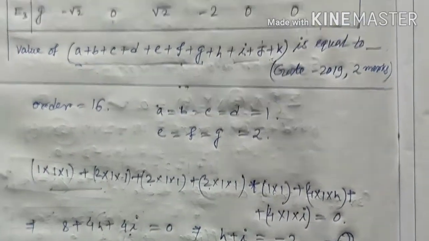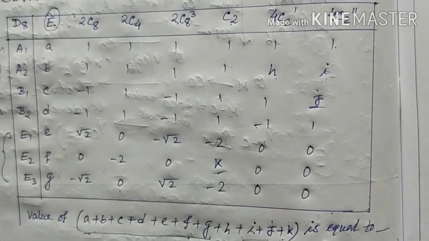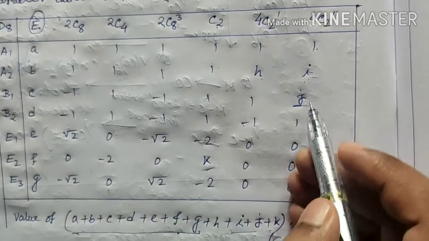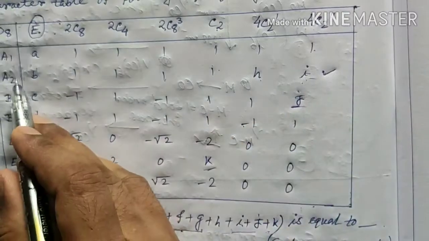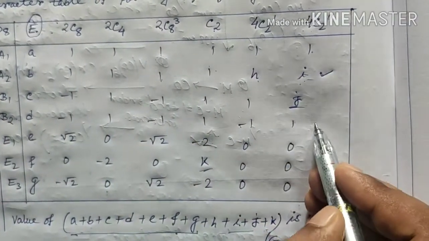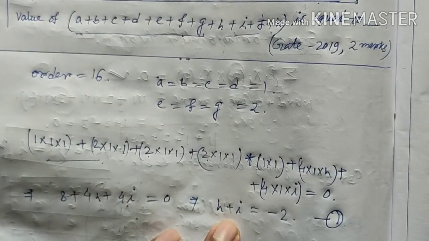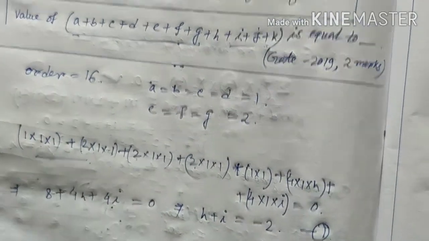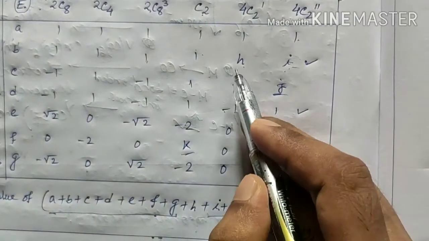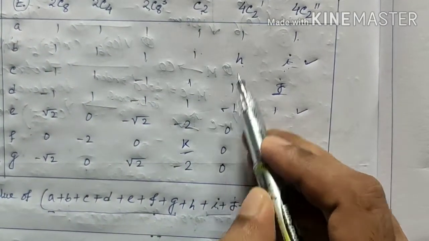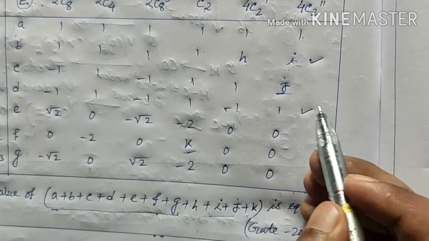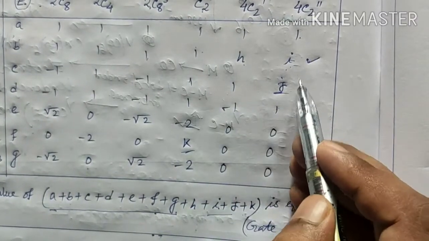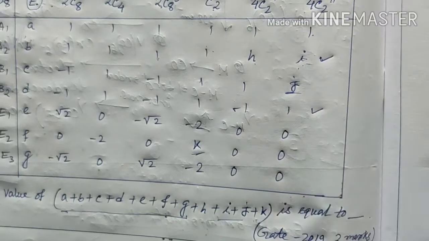Now we can also apply the same rule for the case of A2 and B2. Since we have to identify the values of h and i, if we apply this rule, then we can see that here it will be minus h and it will be plus i, and if we sum up these two equations, then h will be cancelled out and we can get the value of i.